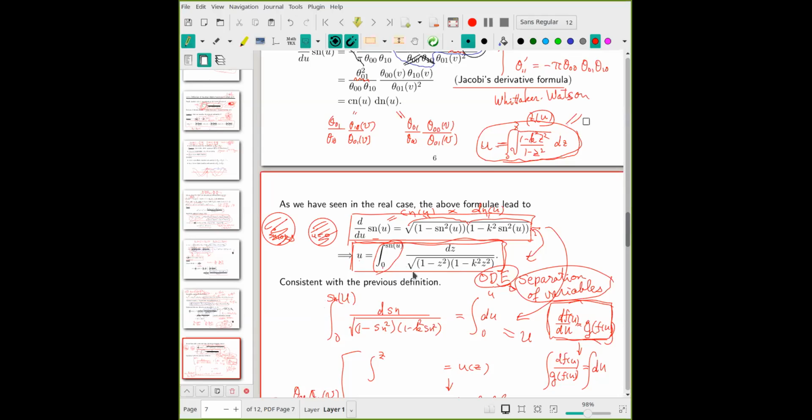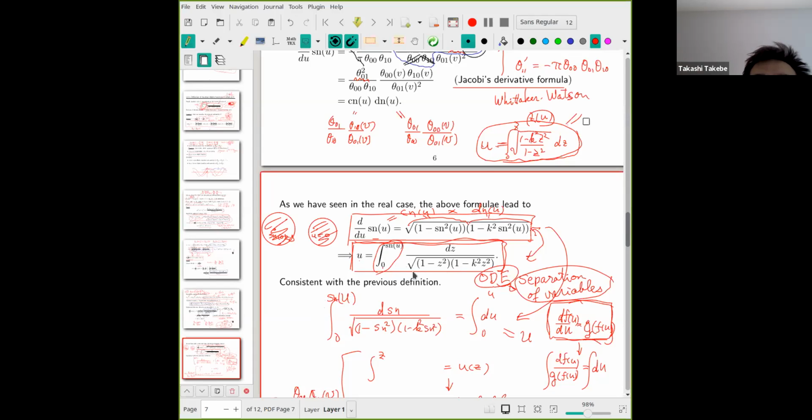One problem. The other problem is this notation.